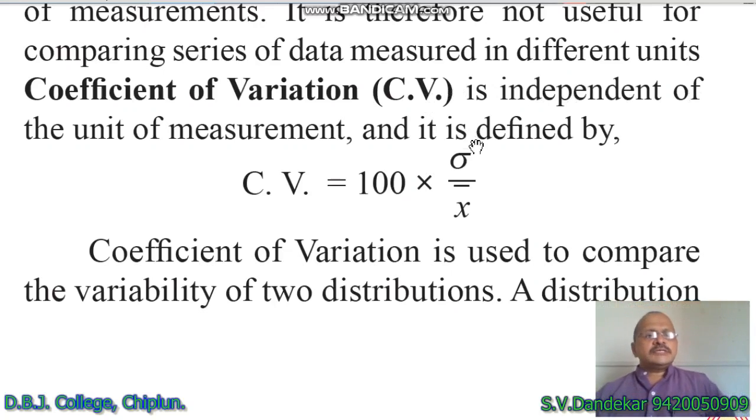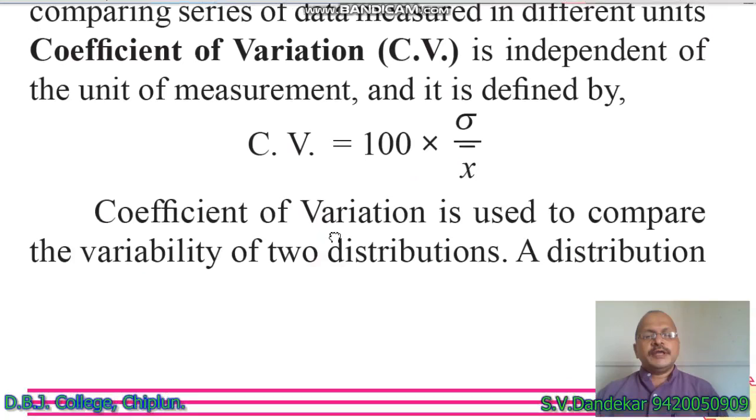To avoid this, to compare two data, we need only the coefficient of variation, whose formula is coefficient of variation equal to sigma upon x bar into 100.